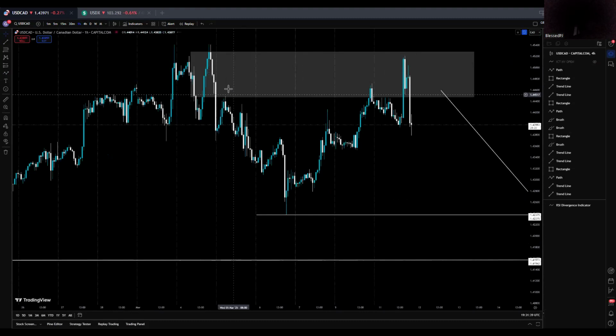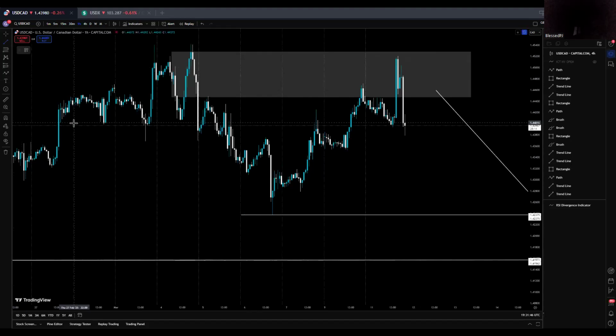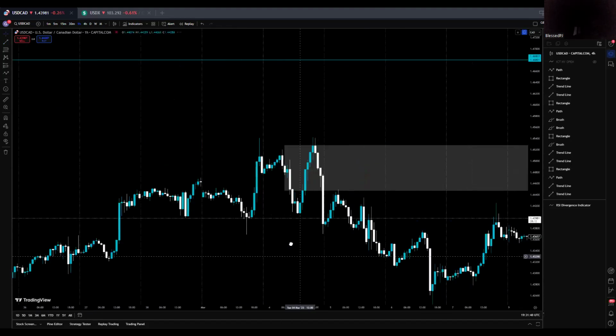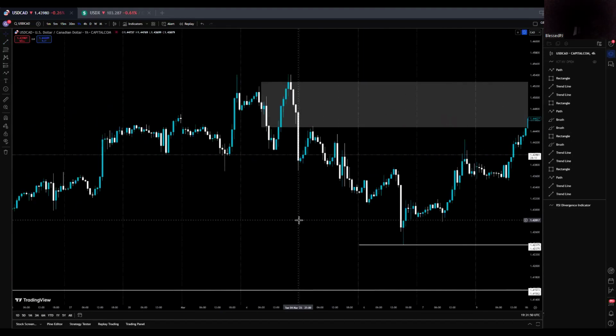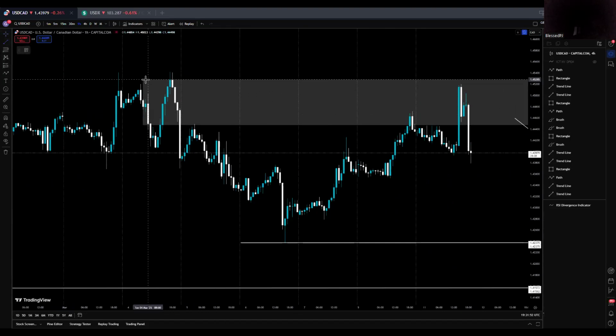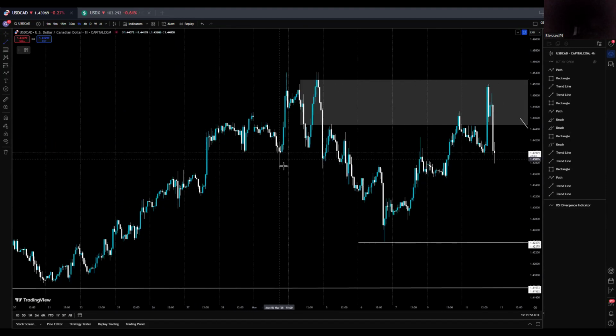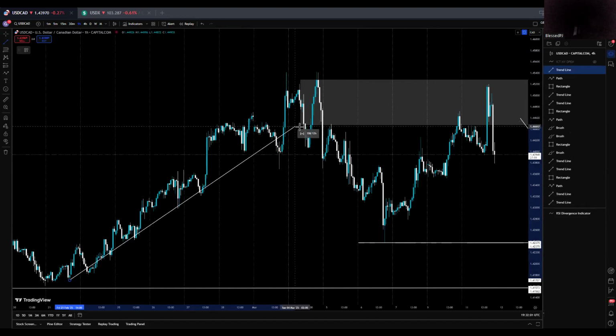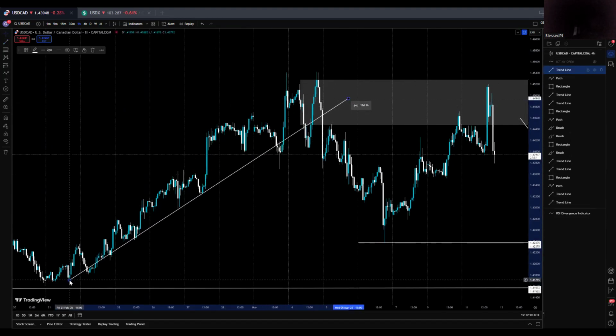Because now you know that this was a sell, this was a downtrend, right? Let's see how we can plot our trend line from this little mark. It was an uptrend before, right? It was an uptrend from here.